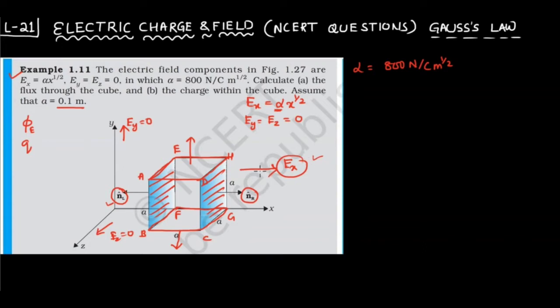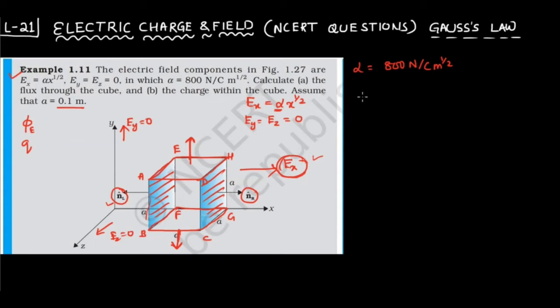But the angle between Ex and each of the other area vectors is 90 degree, for A, B, C, D as well as E, F, G, H. So only 2 faces will have electric flux: A, B, F, E, the left surface, and D, C, G, H, the right face, and the other 4 faces will have no electric flux.